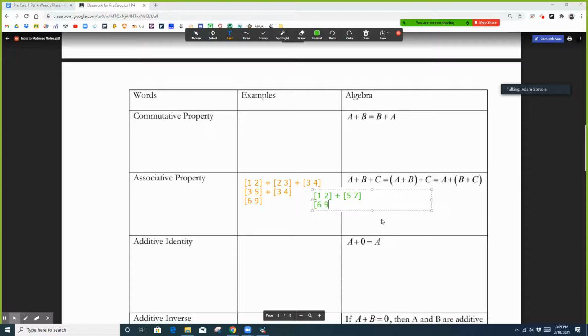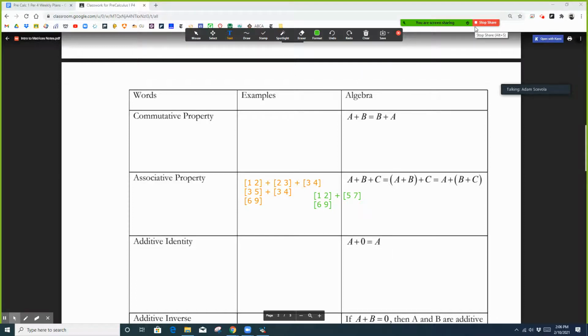So that's just showing the associative property, which means if you have three things, you can perform the operation between two of them, it doesn't matter which two, and then do the third operation. So matrix addition also has the associative property. If you have three things, you can add them in any order.